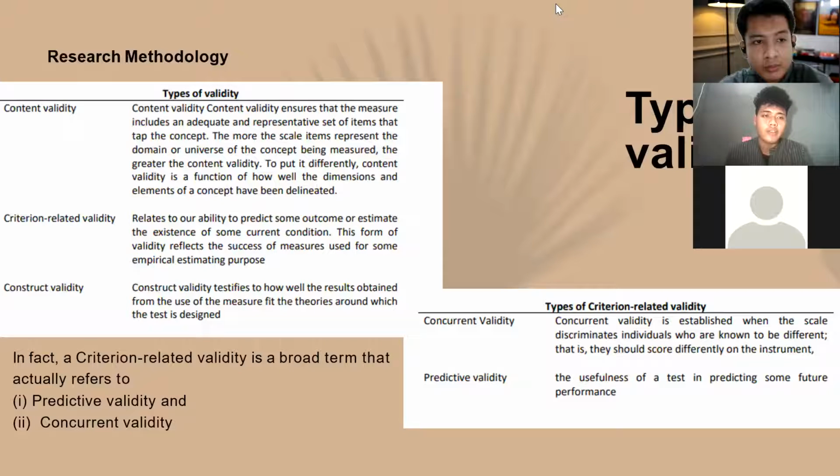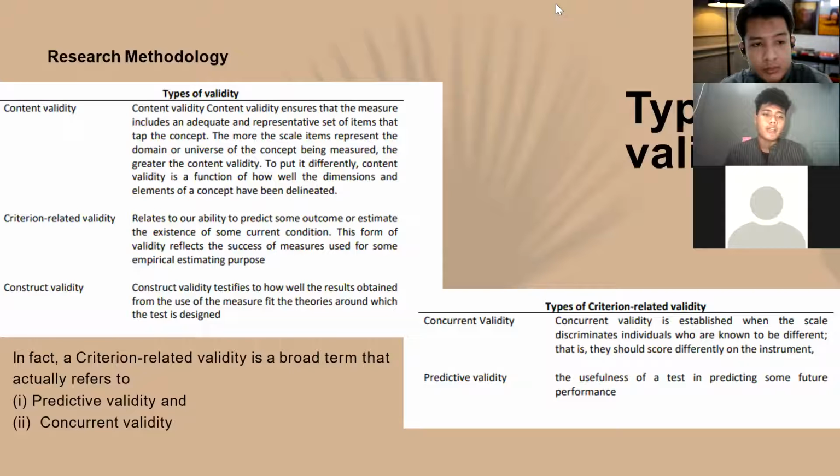And second, criterion-related validity is related to our ability to predict some outcome or estimate the existence of some current condition. This form of validity reflects the success of measures used for some empirical estimating purpose. And the last is construct validity. This tells how well the results obtained from the use of the measure fit the theory around which the test is designed.